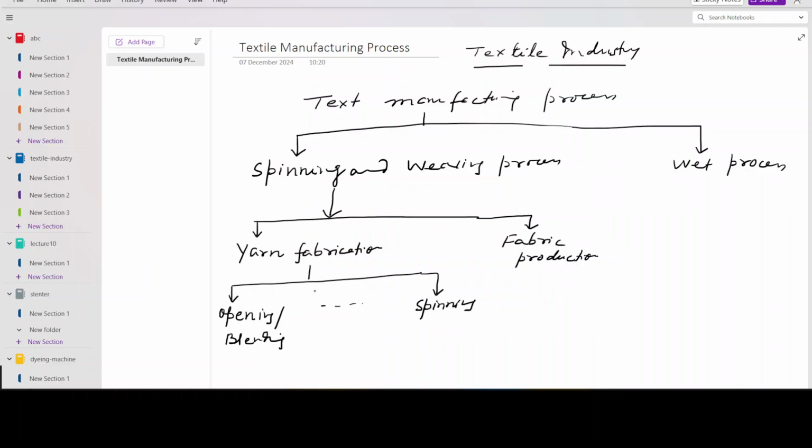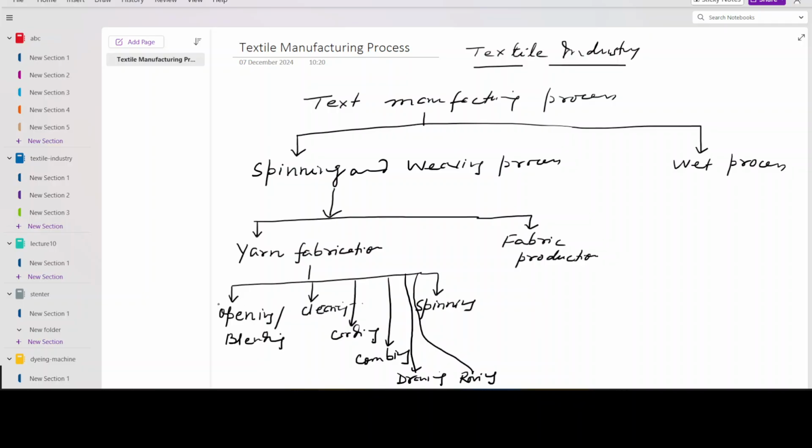In between, we have processes like cleaning, carding, combing, drying, and finally roving.